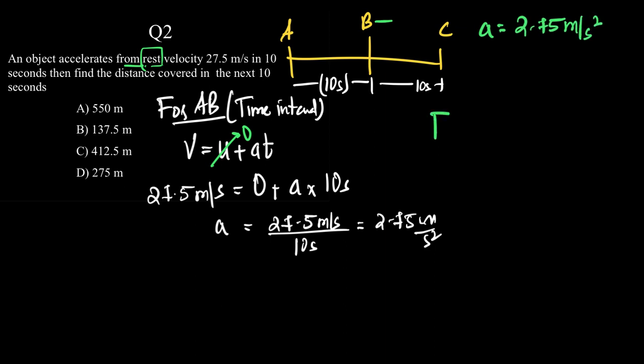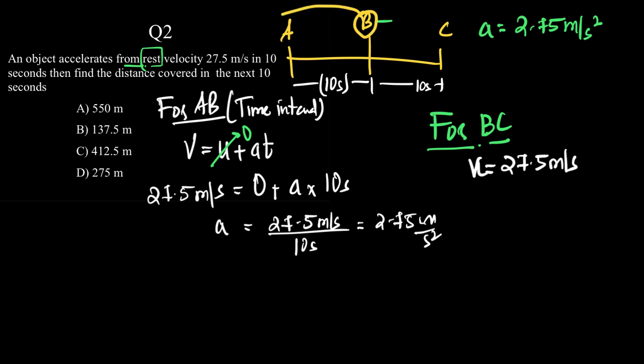But for the time interval BC, the velocity of the body here becomes 27.5 meter per second, right? Why? Because at this point B, the question says that the velocity is 27.5 meter per second. In which case, what would be the displacement time relation?